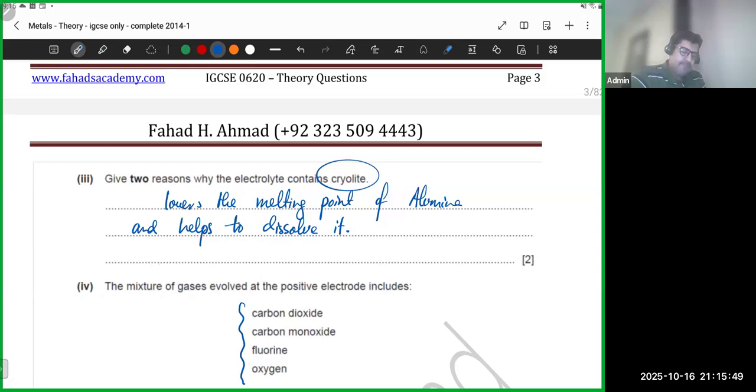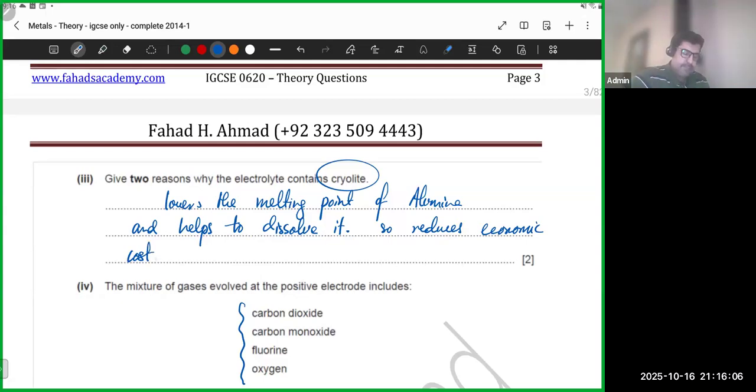So what it does is, it reduces economic cost. Otherwise, you would need a very high temperature for the alumina to melt.